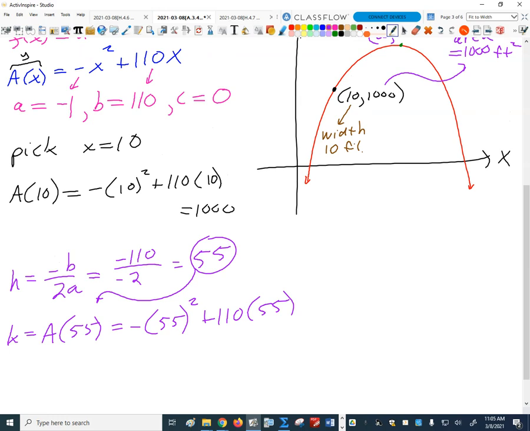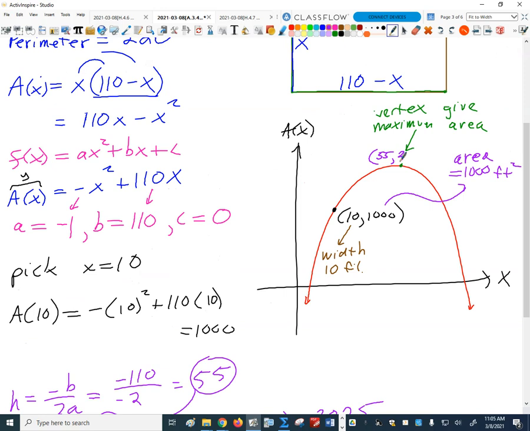So negative 55 squared plus 110 times 55, that's the same as 55 squared, which is 3025. Okay, so the y-coordinate of the vertex is 3025.